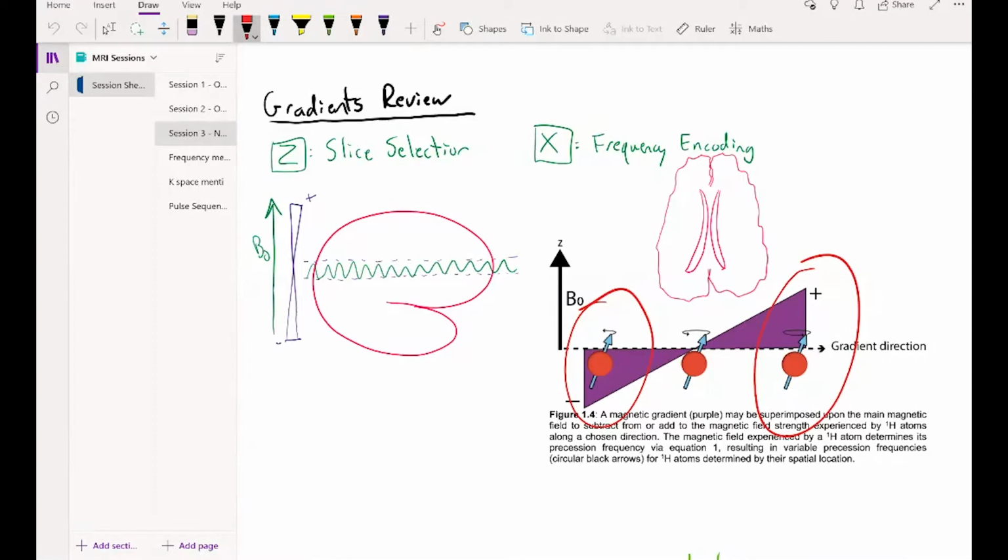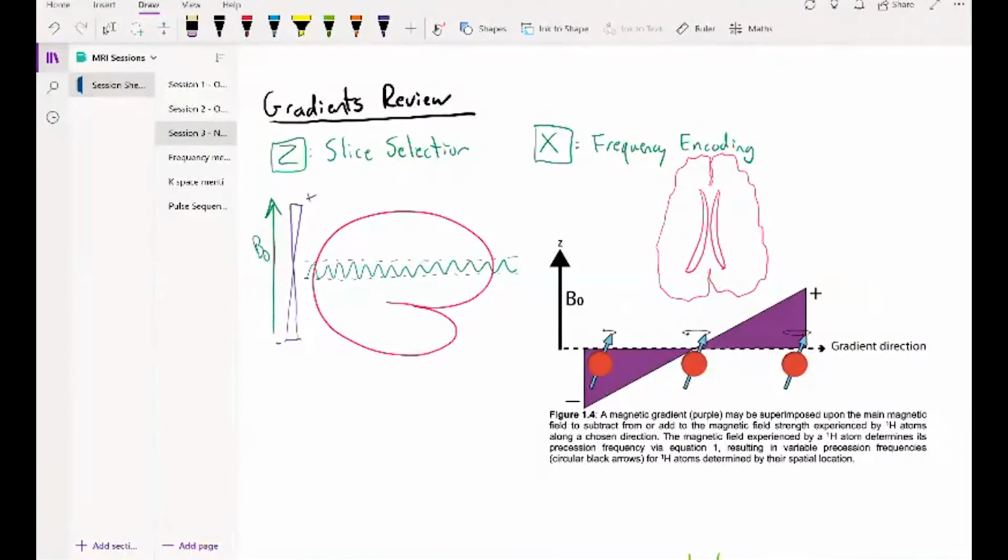And then frequency encoding: if we apply a different magnetic gradient that's going across the brain or object of interest, then we can get spins to precess at different frequencies. When we actually measure our signal, we can look at what different frequencies are contained within that signal we're measuring, and we'll get into how we do that today.